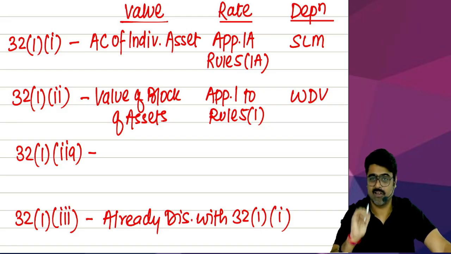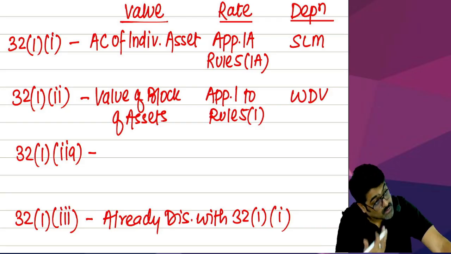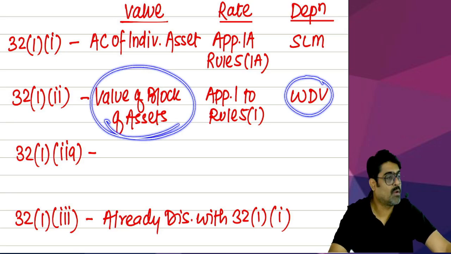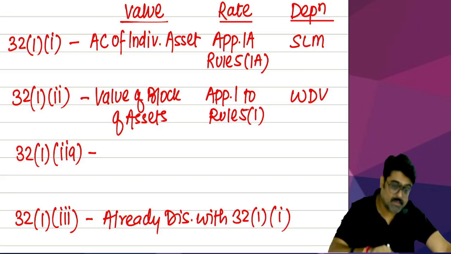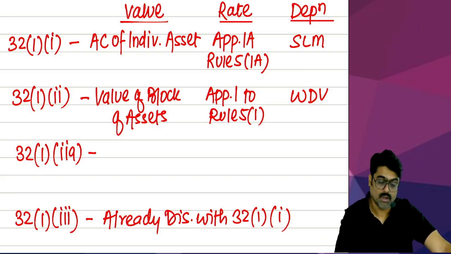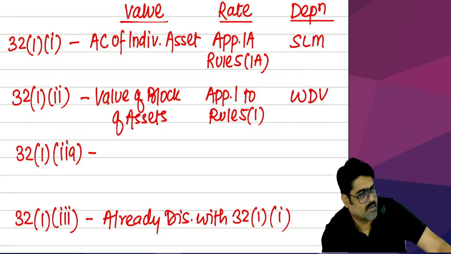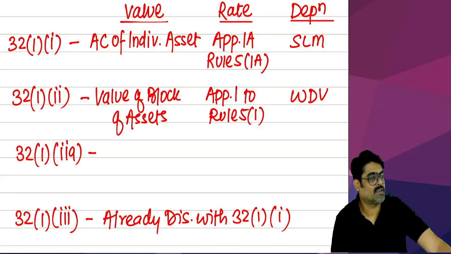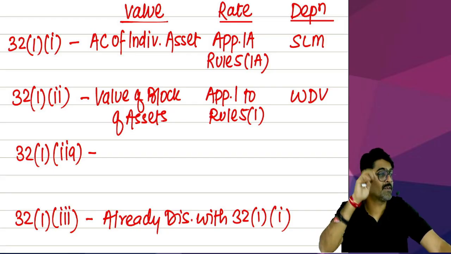So an assessee who is engaged in power business can also claim the depreciation on WDV basis on the block of asset at this rate. So the assessee who is engaged in power business is also eligible to claim this depreciation. But if that assessee wants to claim this depreciation, that assessee has to take this option in the first year in which he has started that business.